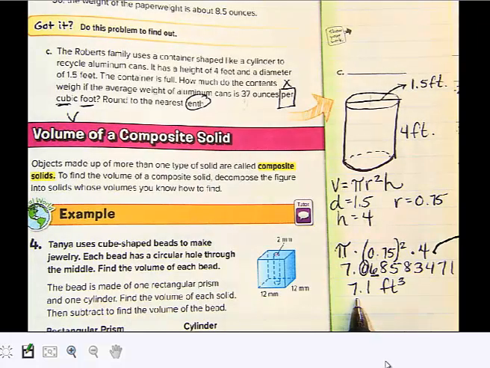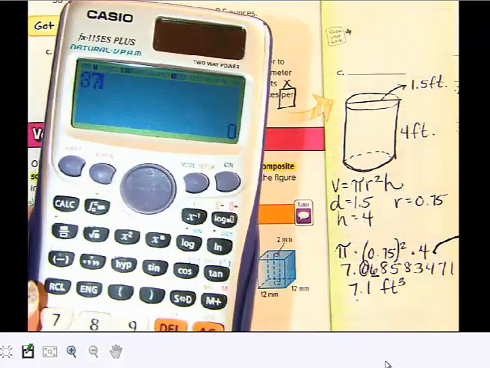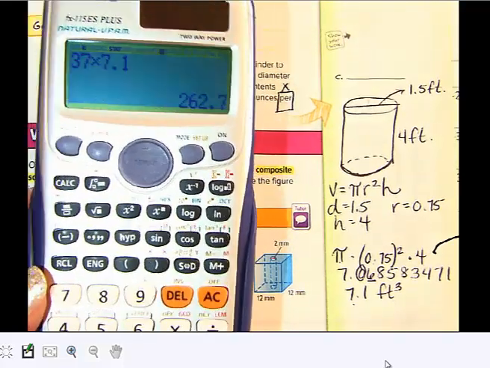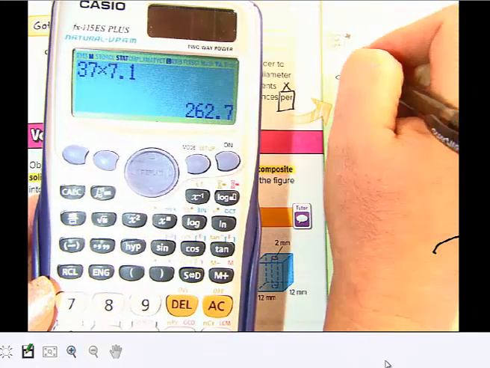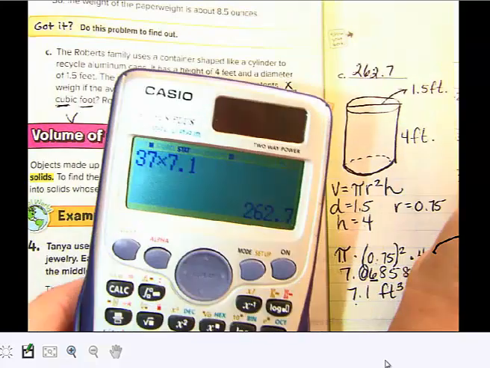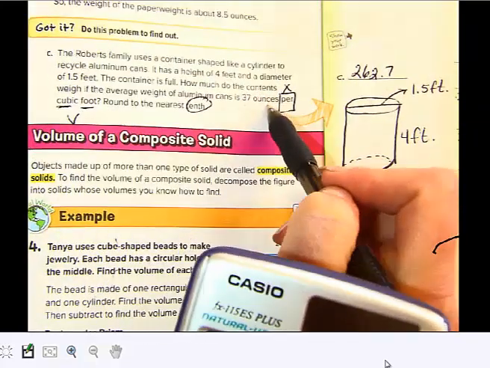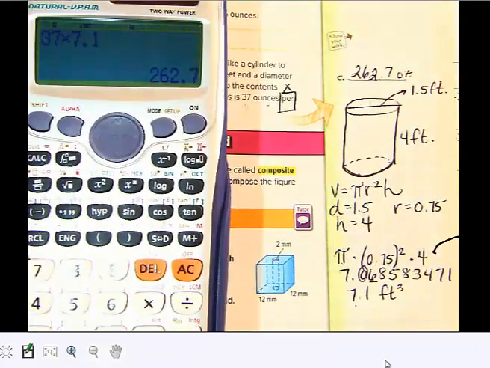So you're going to take 37 times your volume, which is 7.1, and that's how much it weighs, 262.7. It says how much does the contents weigh? Well, we are talking about ounces, so it weighs 262.7 ounces.